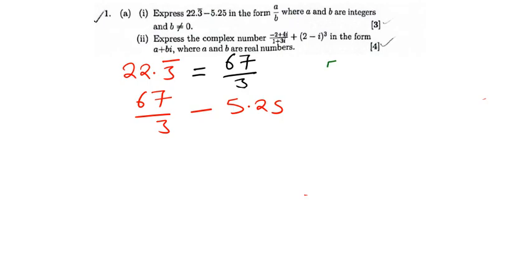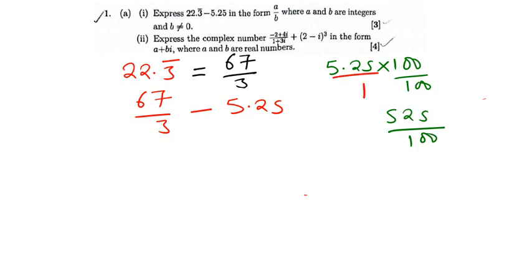So that means we have to multiply by 100. I want to make sure we don't change the number, so whatever you multiply should also be divided. So you end up with 525 over 100. After multiplying the top part, the decimal has moved twice, and then we are still dividing by the 100.